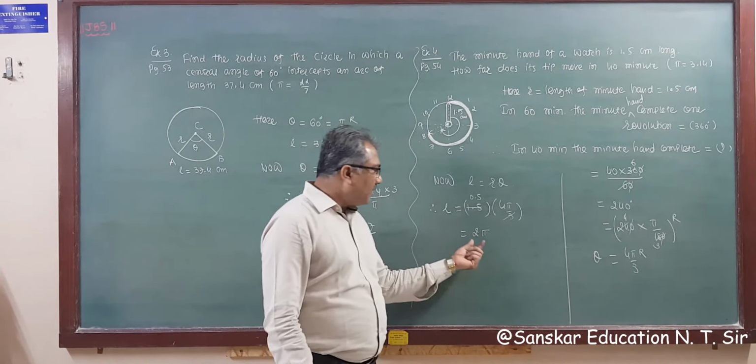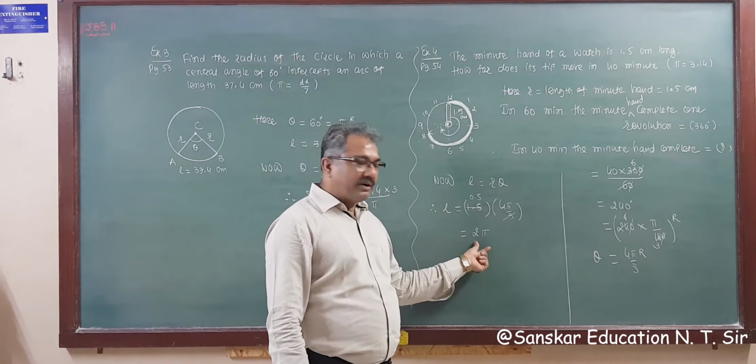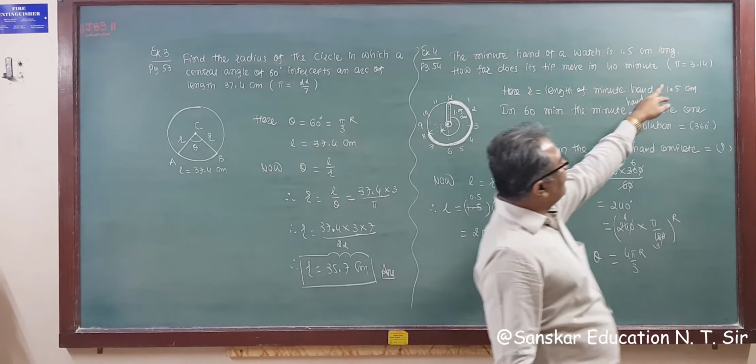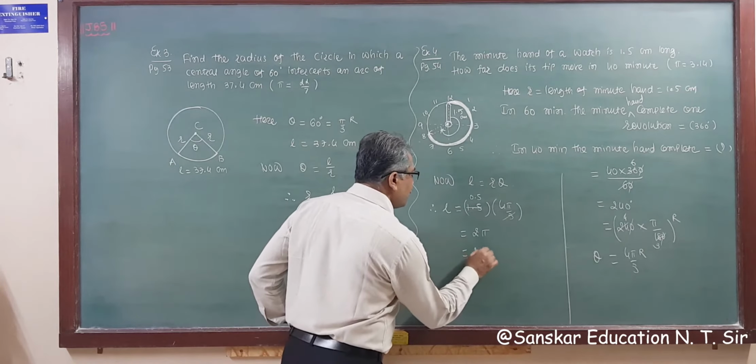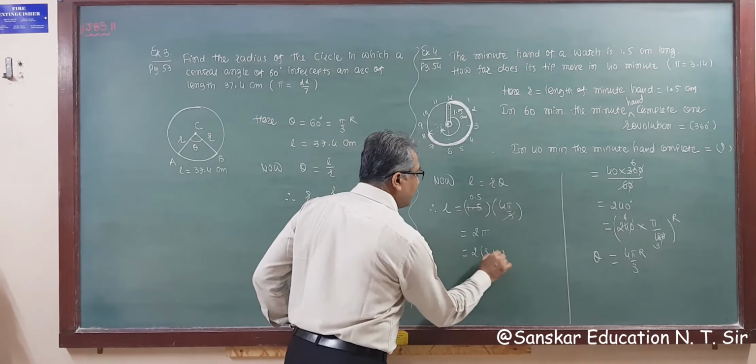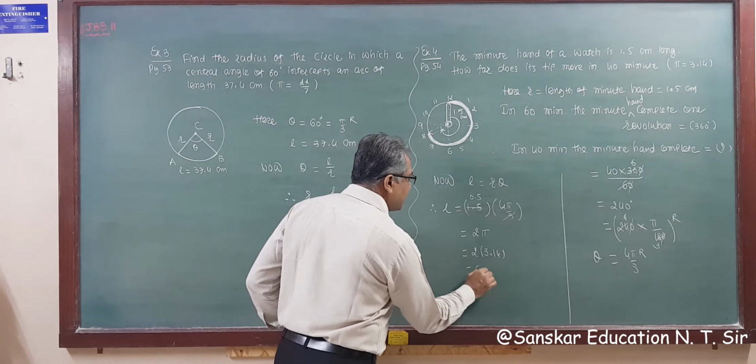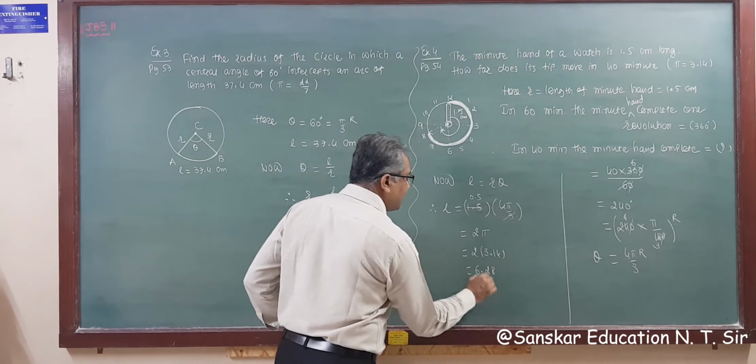Now, if you want to convert pi, then you have to use 3.14. So this is 2 into 3.14. So multiply by 2, this will be 6.28.